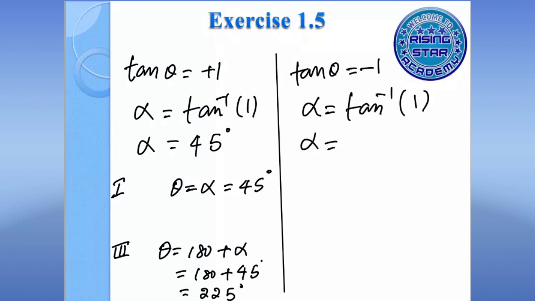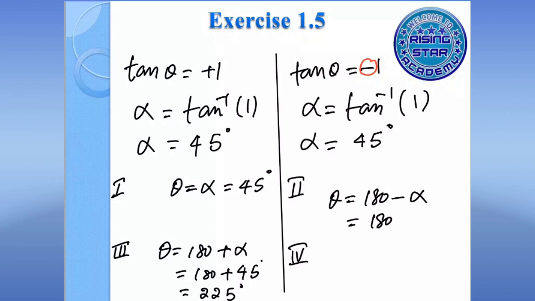So our basic angle is again 45 degrees, and we know that tan having a negative value would come in quadrant number 2 and quadrant number 4. So for the second quadrant we will write theta equals 180 minus alpha.